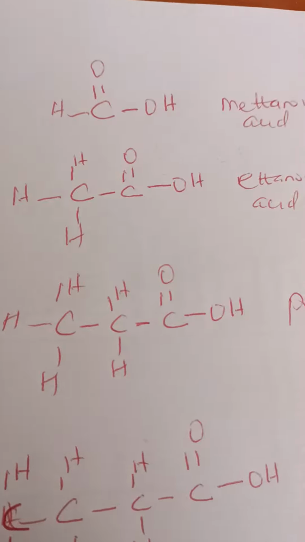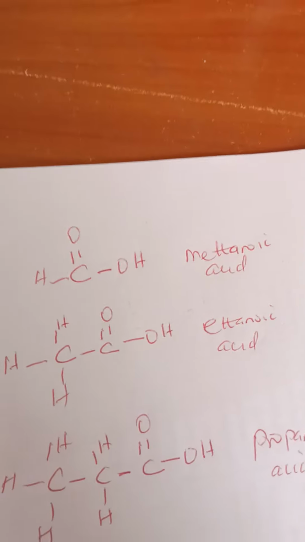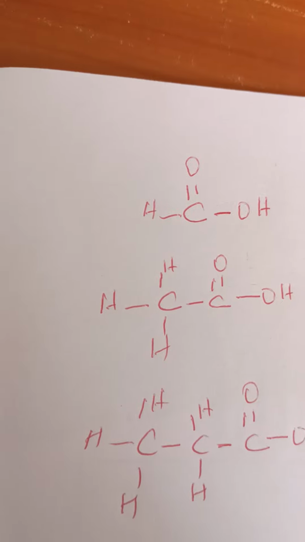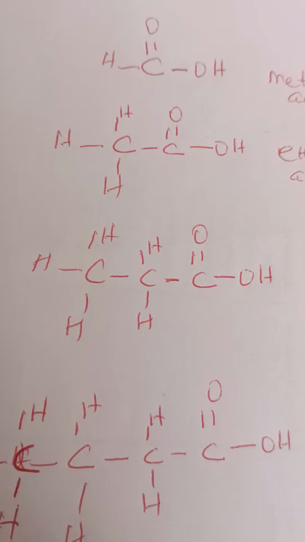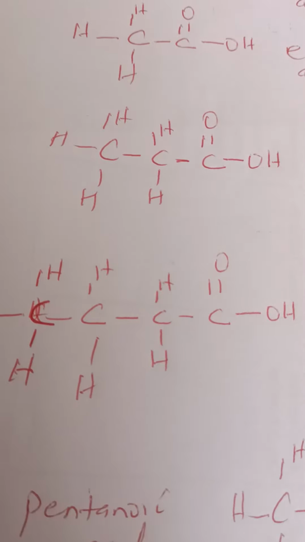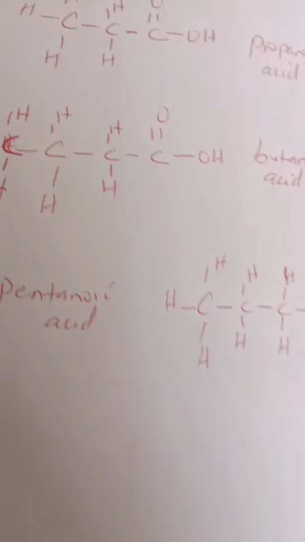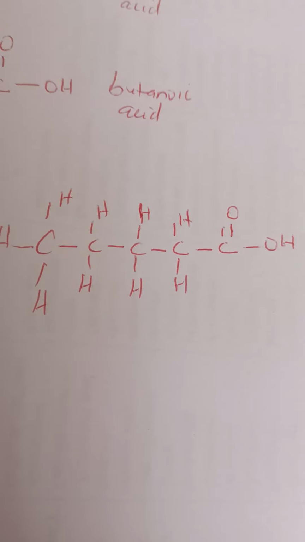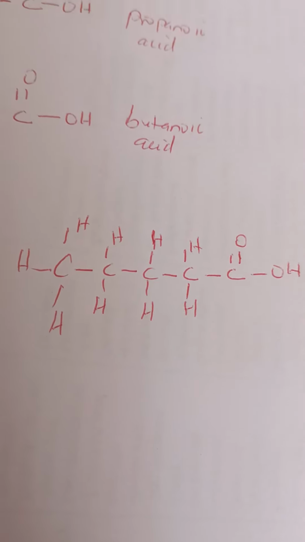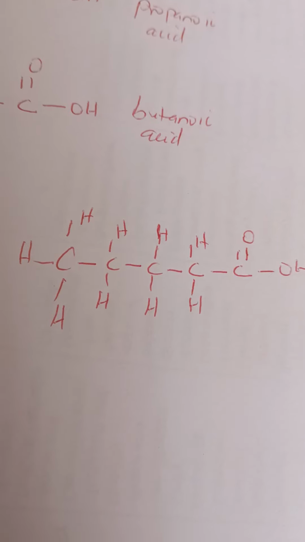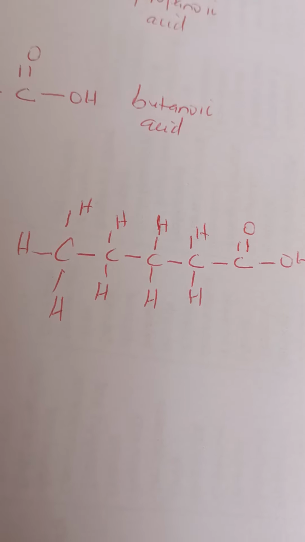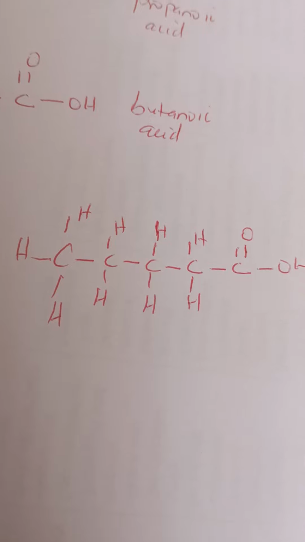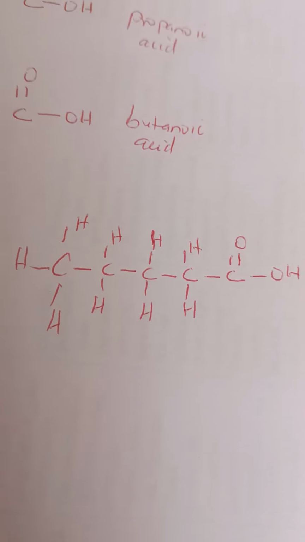It's called methanoic acid. 1 carbon, methanoic acid; 2 carbon, ethanoic acid; 3 carbon, propanoic acid; 4 carbon, butanoic acid; 5 carbon, pentanoic acid; 6 carbon, hexanoic; 7 carbon, heptanoic; 8 carbon, octanoic; 9 carbon, nonanoic; and decanoic with 10 carbon.